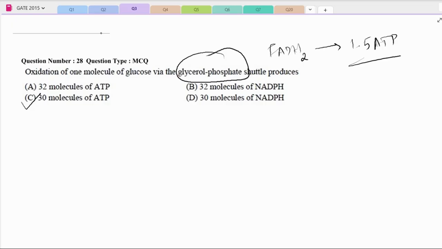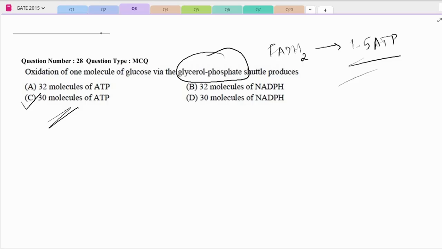If you do the complete maths of all this, including the complete energy metabolite production from glycolysis till this particular step, then the answer comes to 30 molecules of ATP. Just to keep this video short and not go too much into how the balance sheet is done, I'm briefly going through the different steps in the oxidation of a glucose molecule.